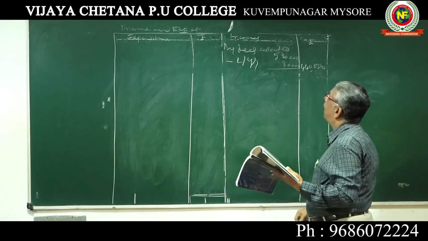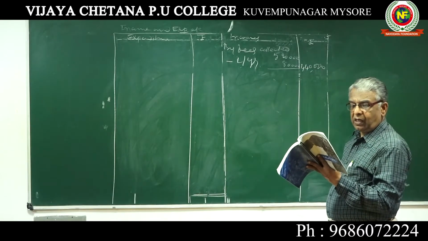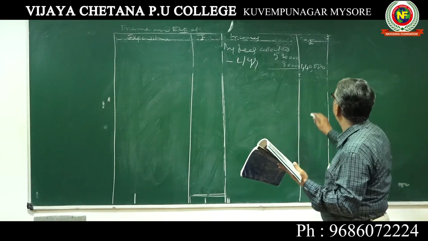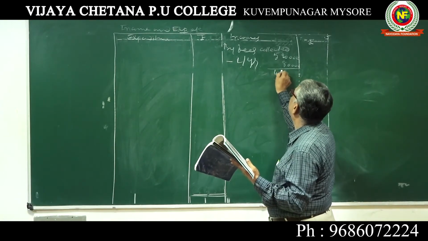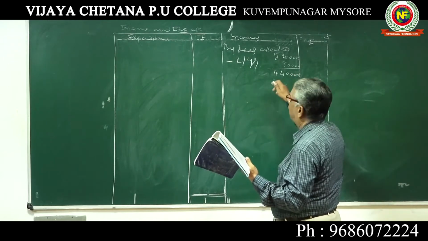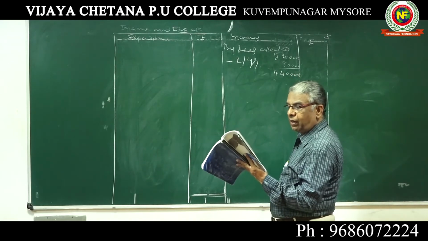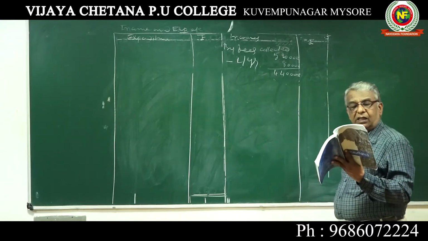That comes to 4,40,000. And then fees for the year outstanding. Here you have to put it in color: 4,40,000. And then here he has given fees for the year outstanding. For the current year, still outstanding.